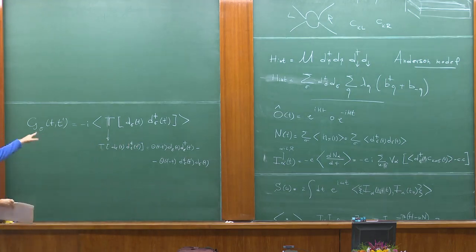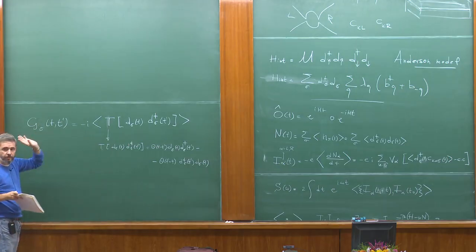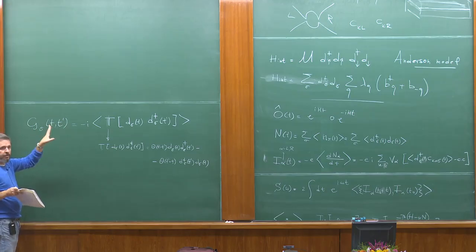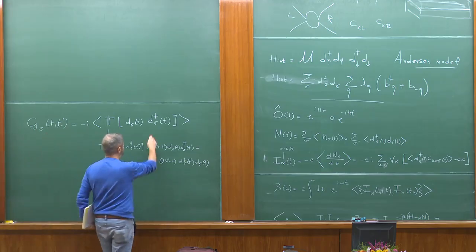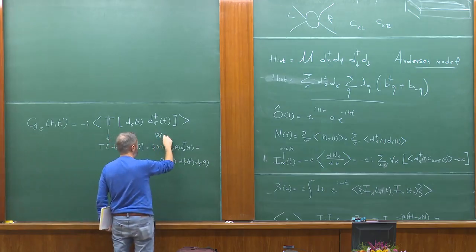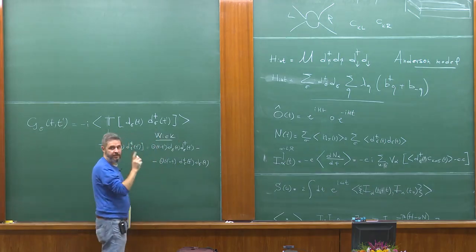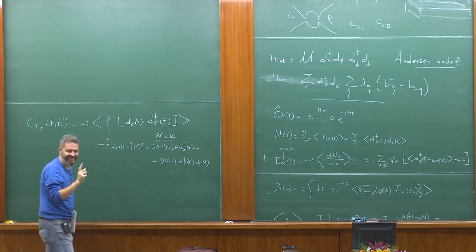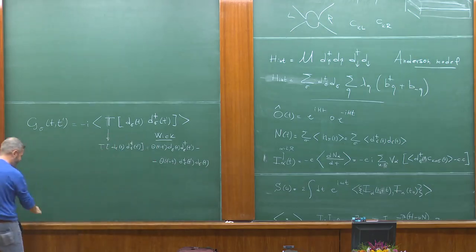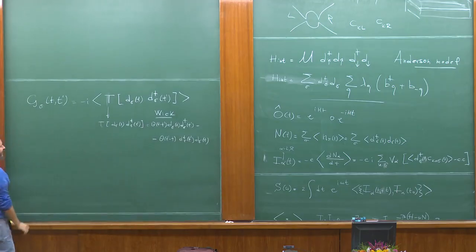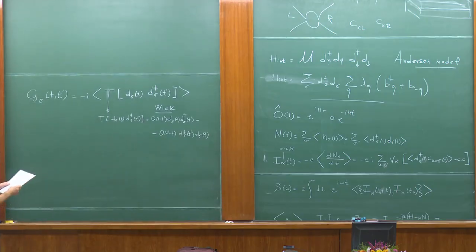Right, so typically what you do is you take this Green function, and you know that thanks to a theorem proven by a guy, the Wick theorem, and by the way, Wick was Italian, just to make sure that you know this. So thanks to the Wick theorem, you can do a very nice perturbation theory for these objects.